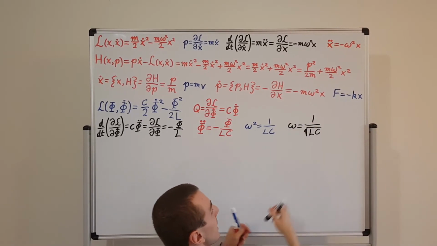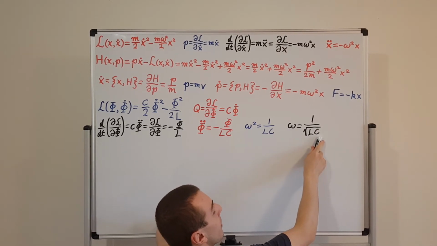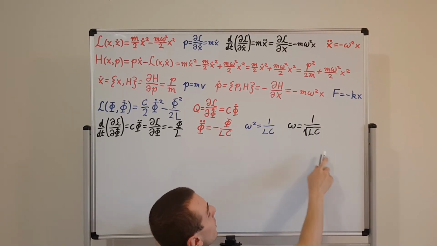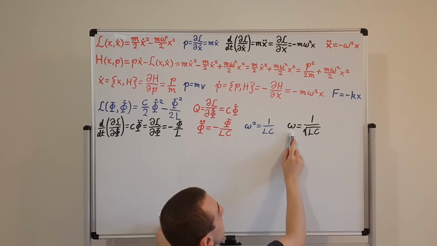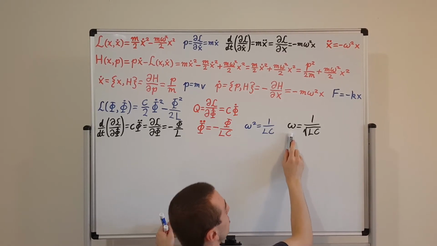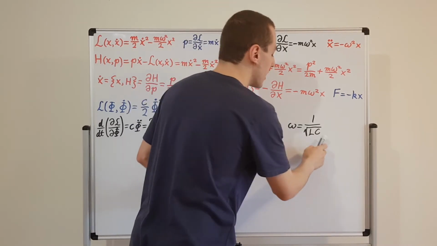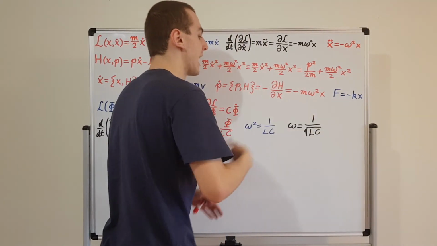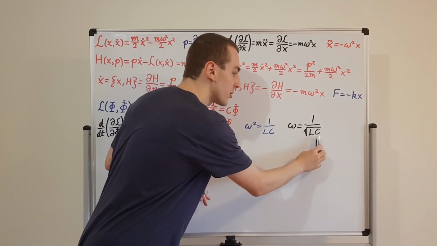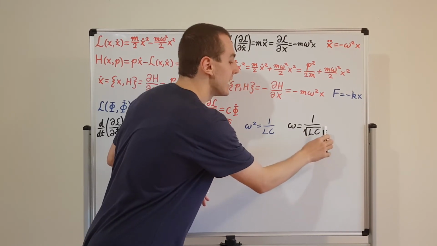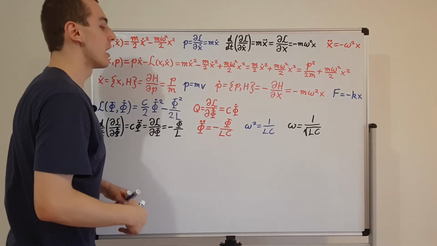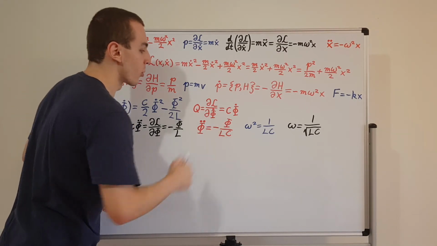So by tuning the inductance and the capacitance of this circuit, we can make this angular frequency what we want it to be. We can choose an angular frequency based on the inductance and the capacitance of this LC circuit. This is called an LC circuit because it has an inductor and a capacitor. And L and C are the standard notation for those quantities.